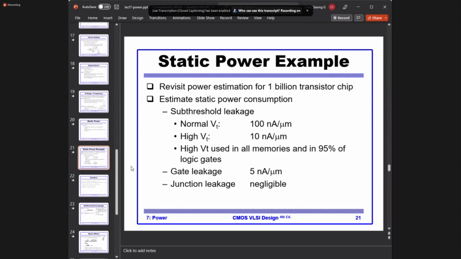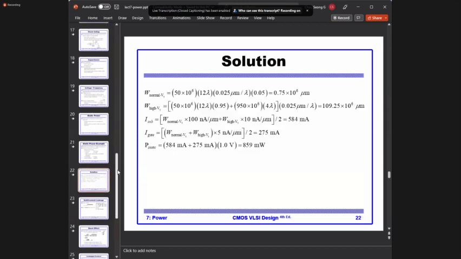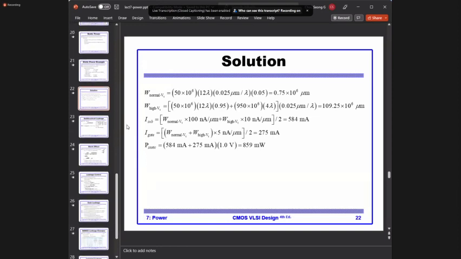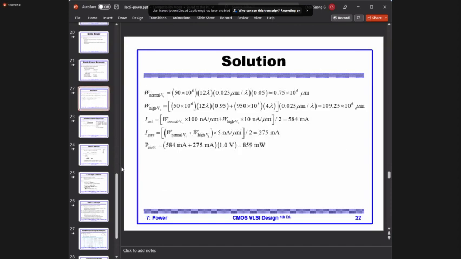And here's a static power example if you want to go through it. It's just multiplication and summation.